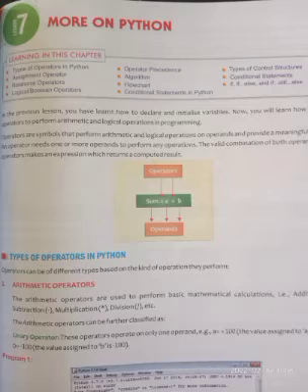A not equal to 5 is false, so the result of the expression is true. That means a not equal to 5 is not true, and that statement remains true because a is equal to 5. What it is saying, not a not equal to 5, means the condition given in the bracket is not true, so it comes as true.